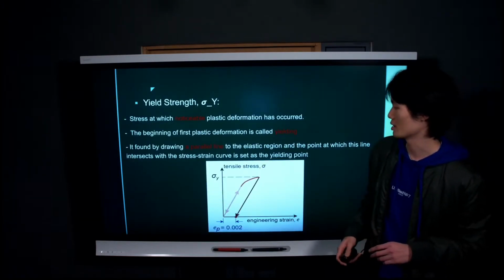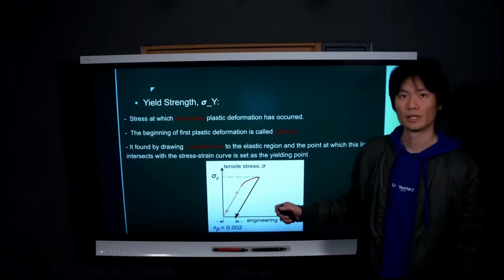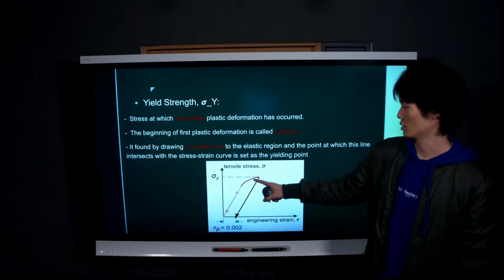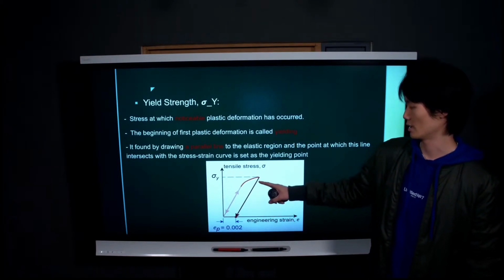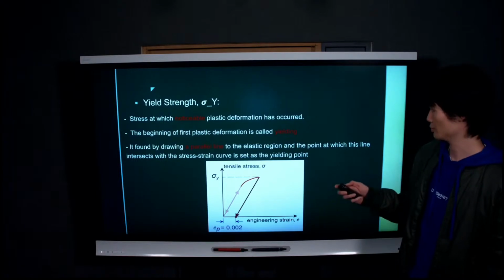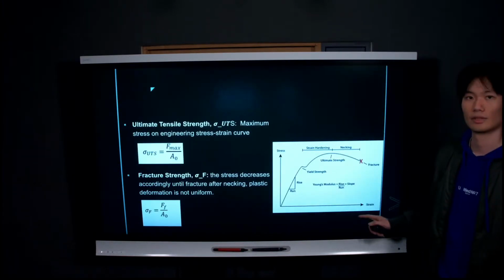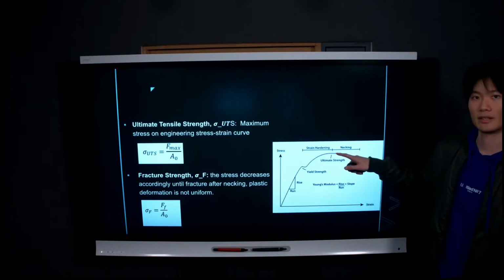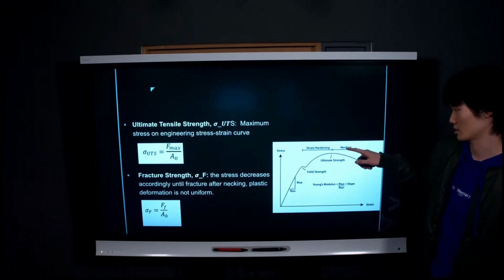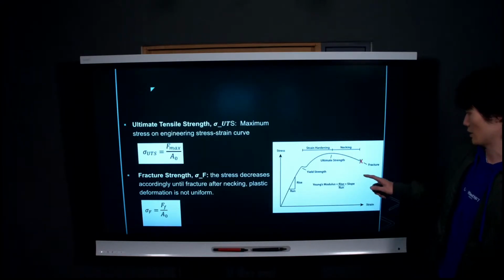Yield strength is when noticeable plastic deformation has occurred, and it's right after the elastic deformation at the top. In this graph, we have the ultimate strength, which is the maximum stress of this material, and the fracture strength.